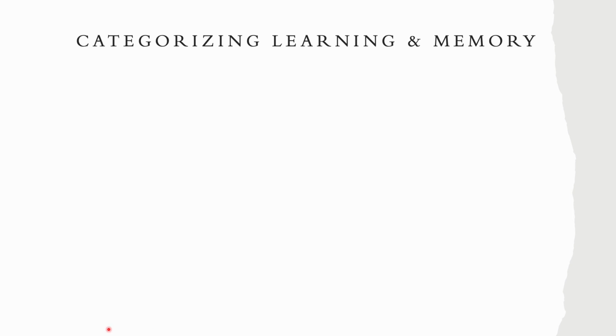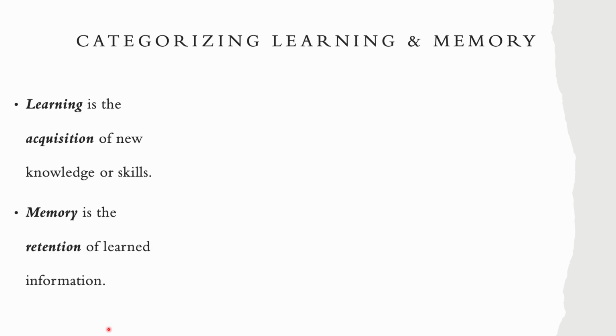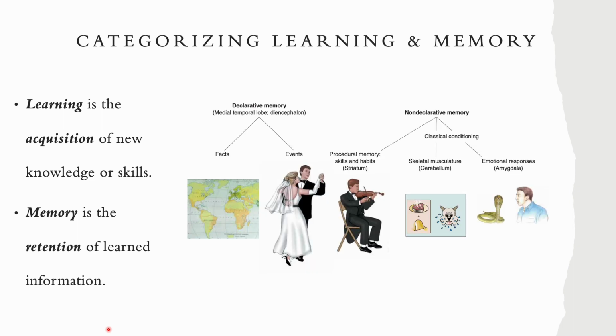How are learning and memory different? Well, learning is the acquisition of new knowledge or skills, whereas memory is the retention of learned information. If you remember, I previously noted that there are two subtypes of memory, including declarative and non-declarative. Later on, we're going to talk about the different brain areas that are largely affected by these different types of memory formation.